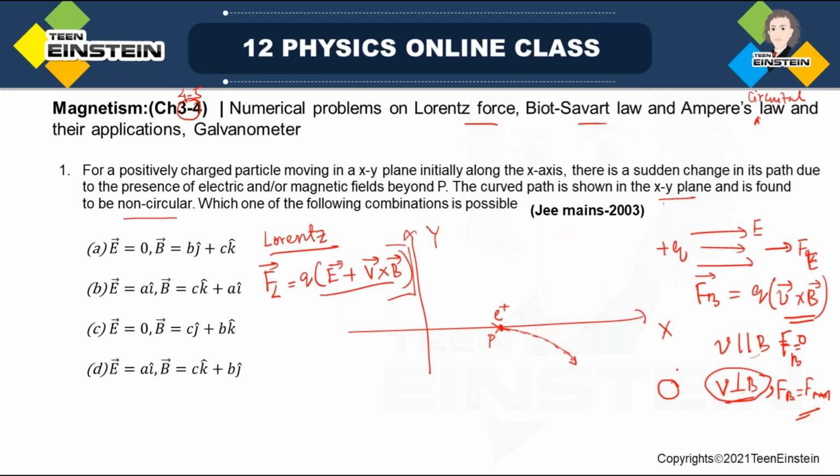So when the magnetic field and the velocity vector are perpendicular to each other, you will get a circular path for the charged particle.